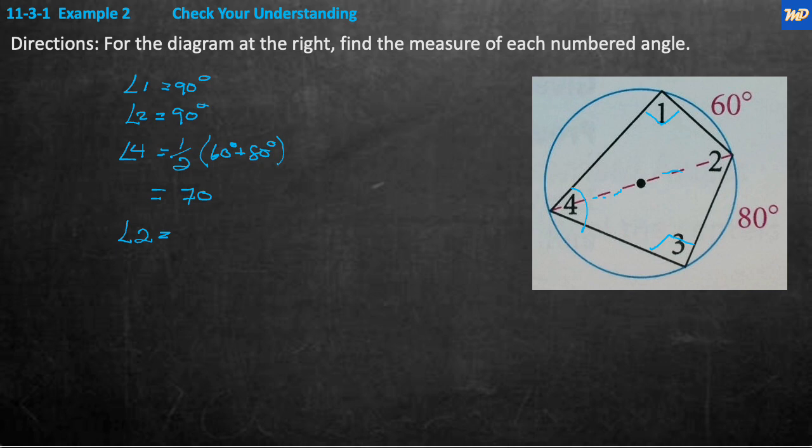If we have 70 here, angle 2 is then equal to 180 minus 70, and that equals 110 degrees. So now we have all of our angles. And if you add it up, you've got 110 plus 70 is 180, and 180 from the other angles is 360.